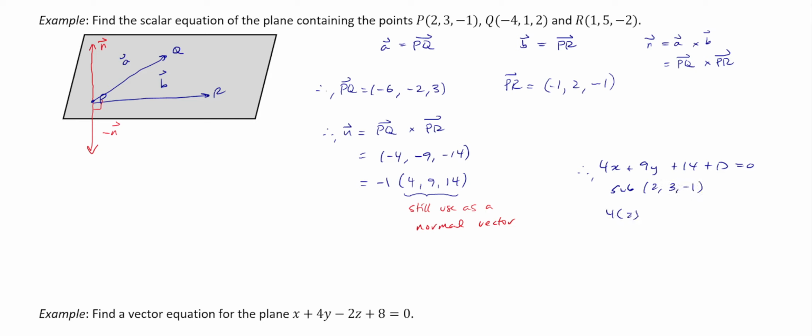So 4 times 2 plus 9 times 3 plus 14 times -1, plus d is equal to 0. Okay, and so then d is equal to -21. Therefore, 4x plus 9y plus 14z minus 21 is equal to 0.